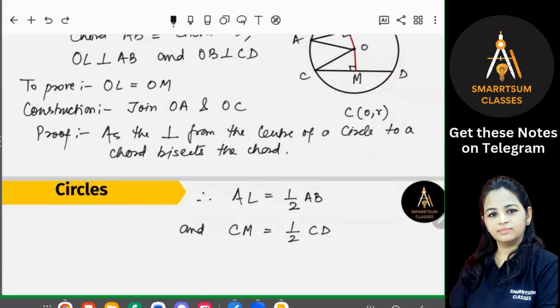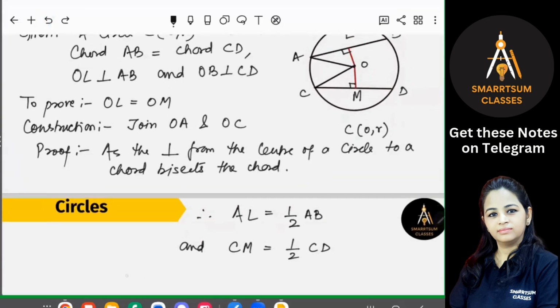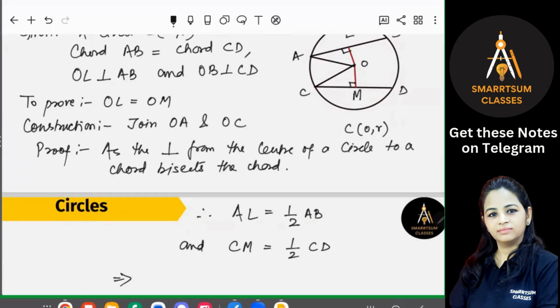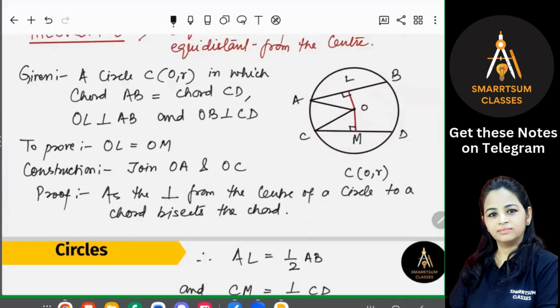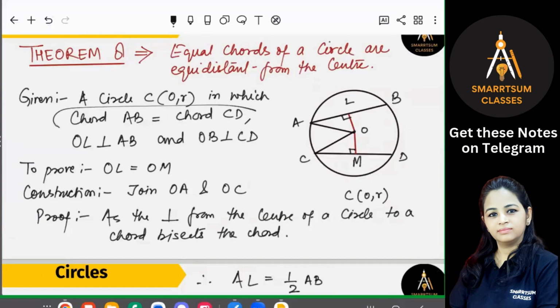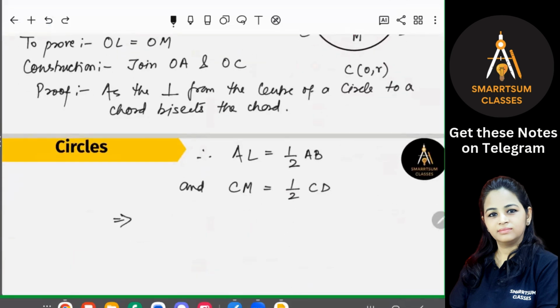According to the theorem. Now, since they are bisecting, can we say that, AB is already given equal to CD, right? AB is equal to CD. This is already given here, isn't it? So these two chords are equal in length, right? Okay, so write down, since AB is equal to CD, can we say that half of AB will also be equal to half of CD, right?